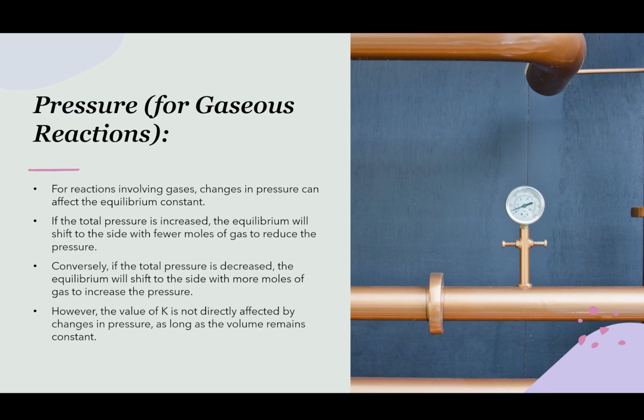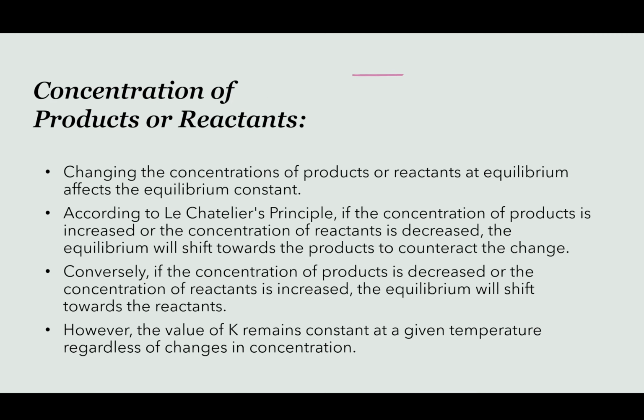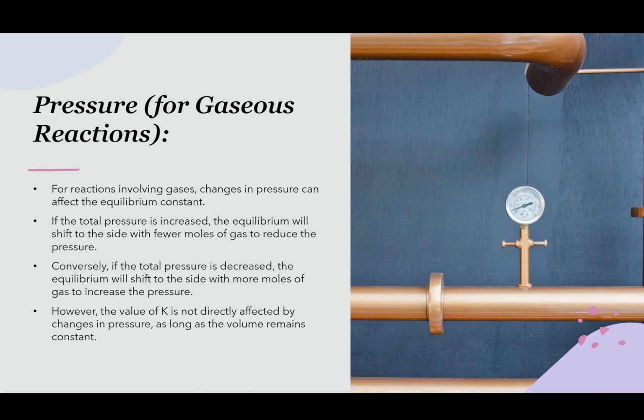However, the value of K is not directly affected by the changes in pressure as long as the temperature remains constant. Interesting. So it's just a bunch of facts. It's interesting to look at how they change, but how the value of K remains constant under these specific conditions. So concentration can change but K remains constant under constant temperature. Pressure can change but K remains constant.